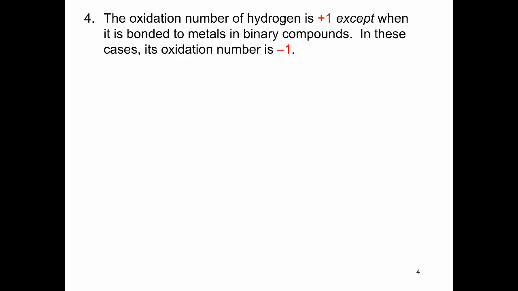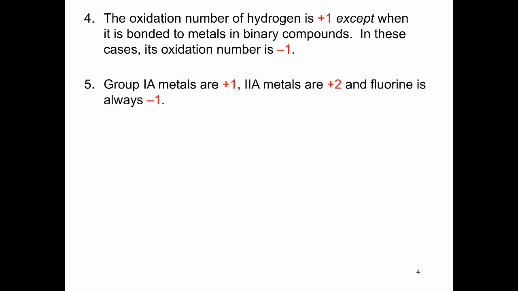But for hydrogen bromide, HBr, hydrogen functions as the metal part, since bromine is the non-metal, so you have an oxidation number of +1. So hydrogen is flexible in terms of its properties; it can act as either a metal or a non-metal. Group 1A metals are +1, 2A metals are +2, and fluorine is always -1.